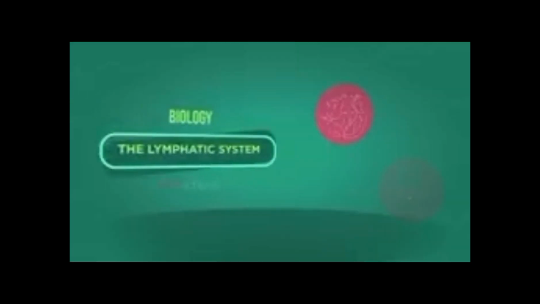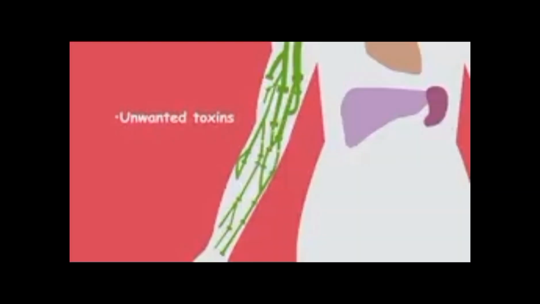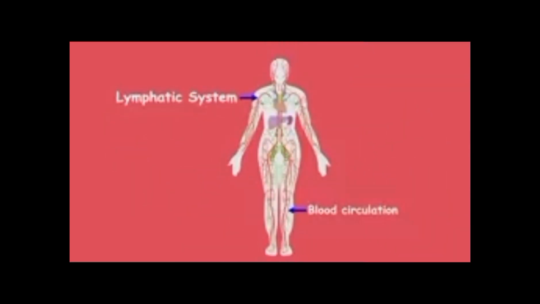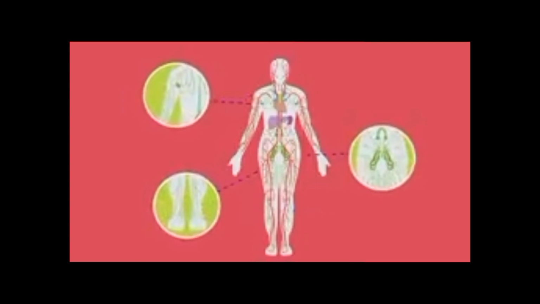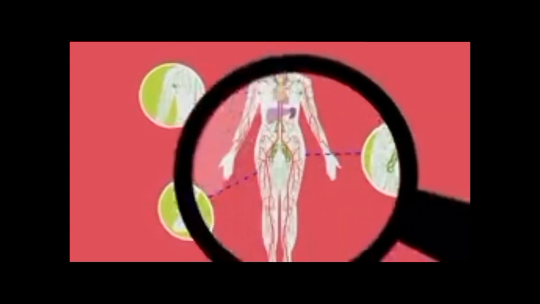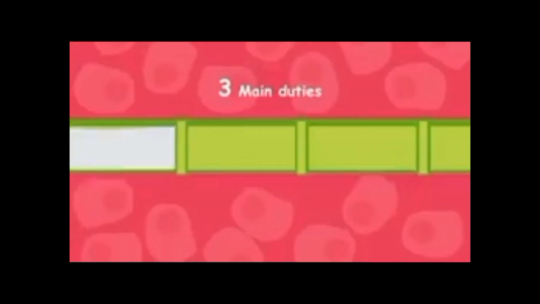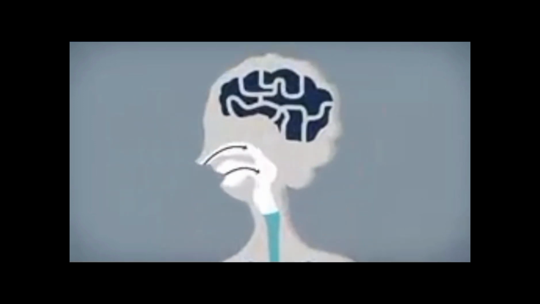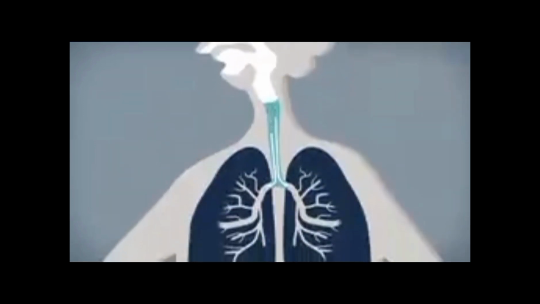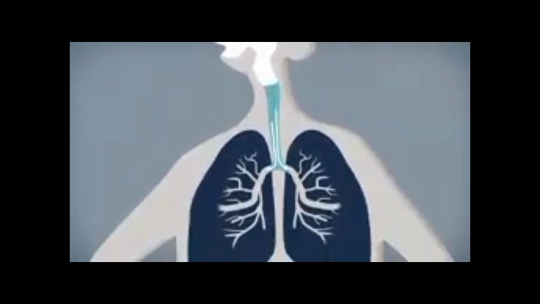The lymphatic system consists of lymph nodes, lymphatic vessels, thymus, spleen, and tonsils, which are essential in releasing toxins in the body. The respiratory system consists of the nose, pharynx, larynx, trachea, bronchi, and lungs.